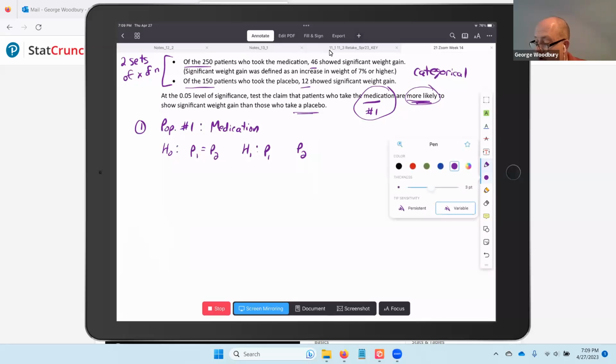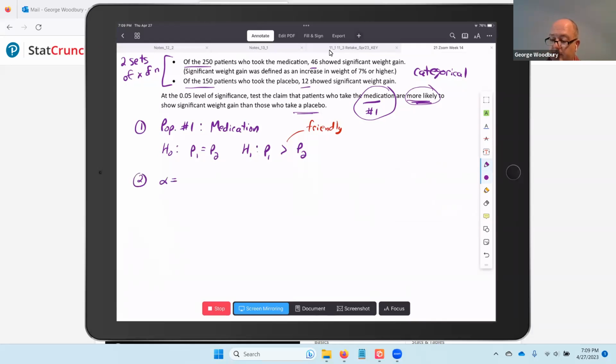One quick note here is that this is what we would consider to be a friendly sign. And what that means is that we don't have to worry about changing the wording in the claim when we get down to writing the conclusion. The wording in the problem is the wording we can use. Second step, level of significance is given in the problem as 0.05.